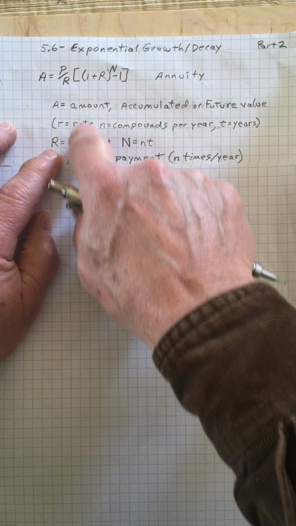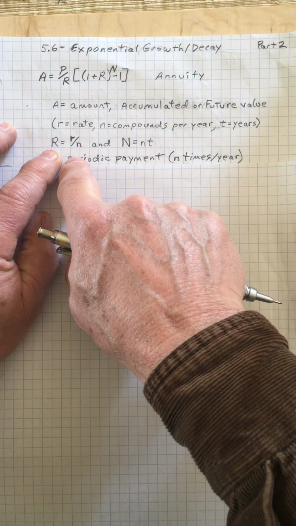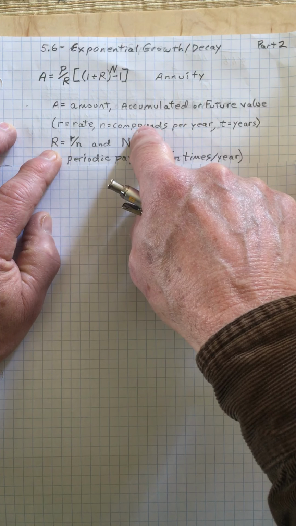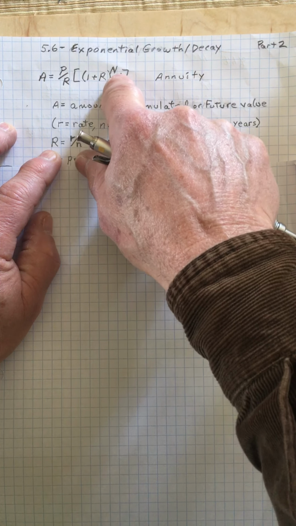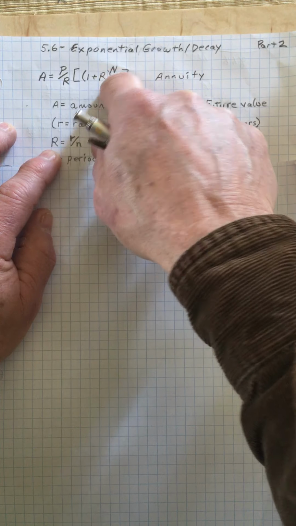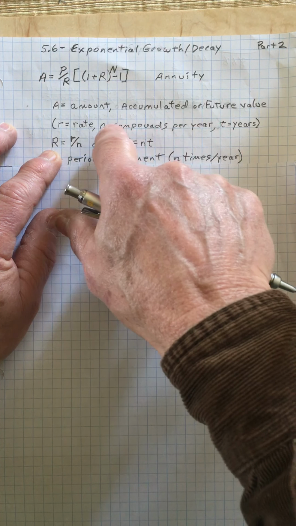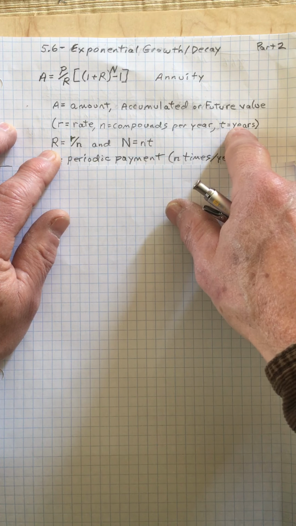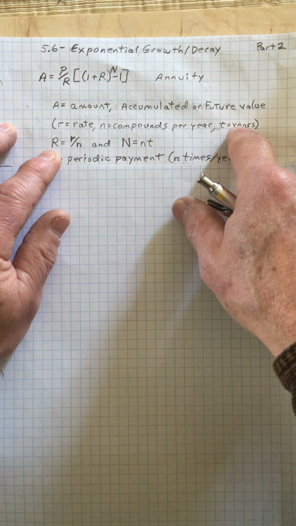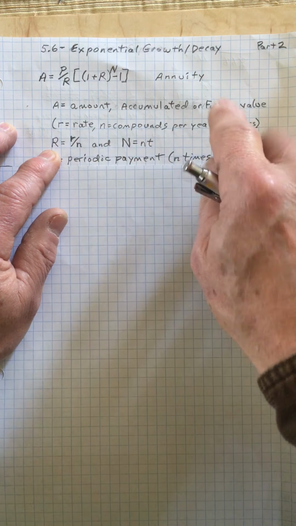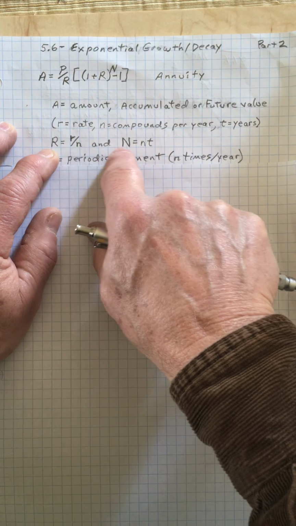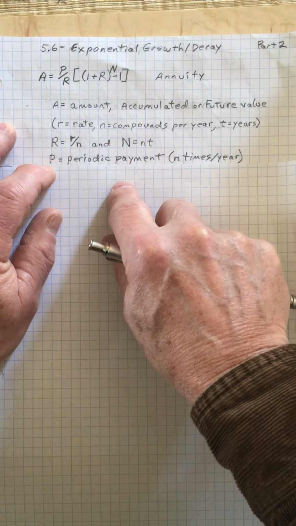So the capital R is calculated as rate over number of compounds, and then the capital N, which shows up here, has the number of compounds times the number of years for the annuity. So these values are included in the equation, you just don't see them because they're entered like this.